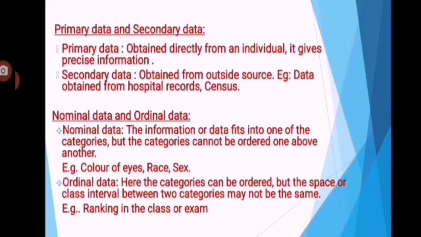Nominal data and ordinal data. Nominal data, the information or data fit into one of the categories, but the categories cannot be ordered one above another. Example, color of eyes, race, sex. These are the nominal data examples.